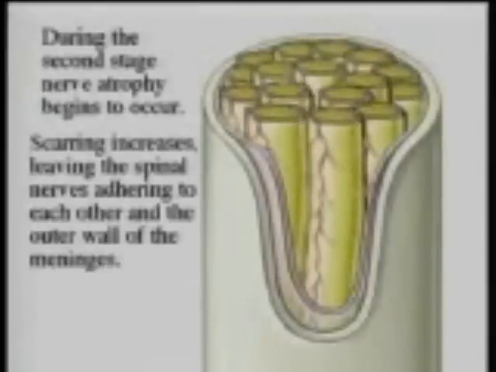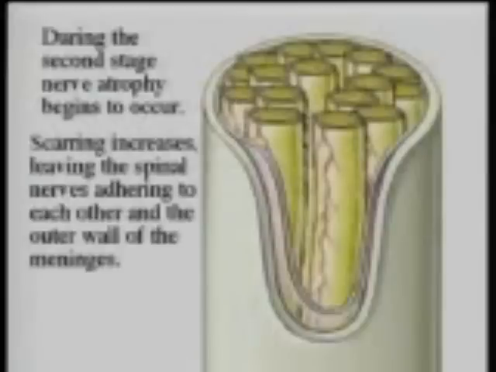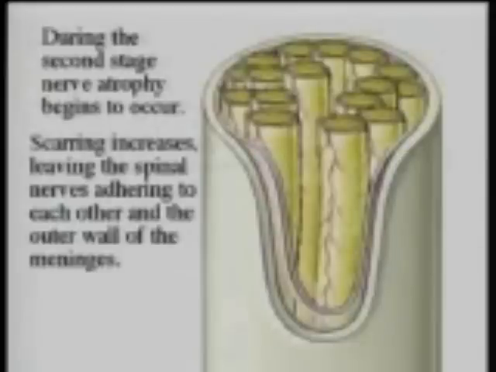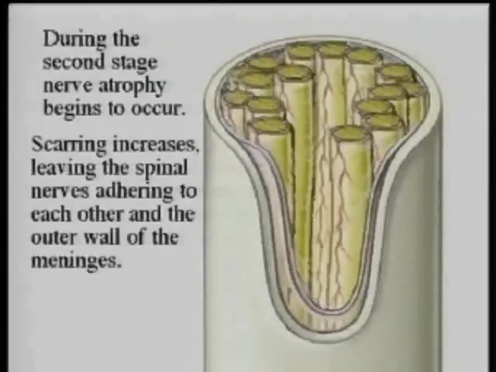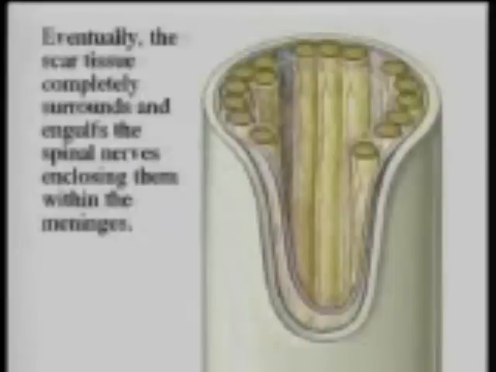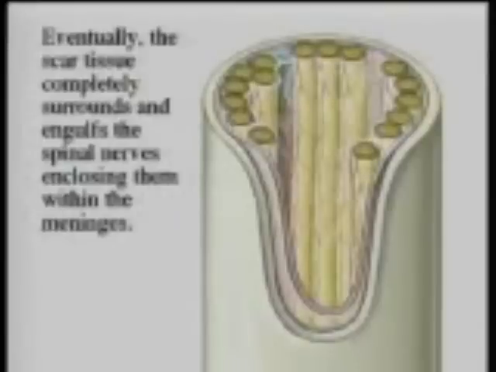Production of collagen fibrils by the fibroblasts produces scar tissue, which causes the nerves to adhere not only to each other, but directly to the arachnoid and to the dura. You will note the scar tissue tends to envelop not only the nerve roots, but any foreign body and hold it in place.